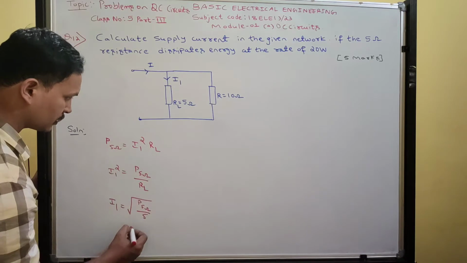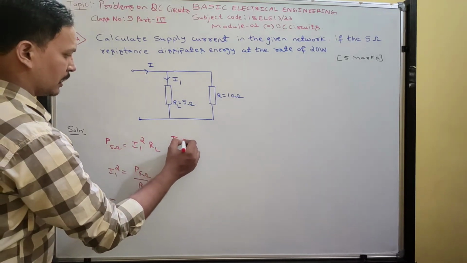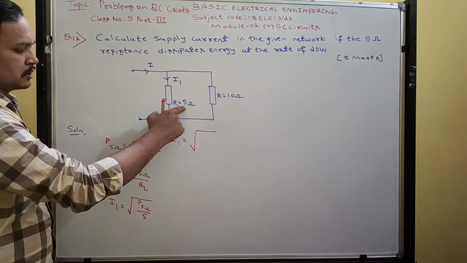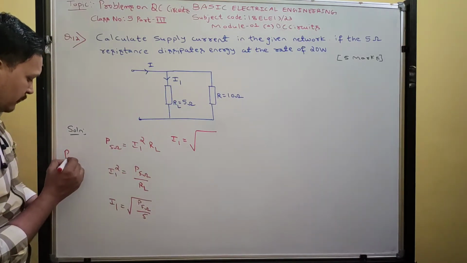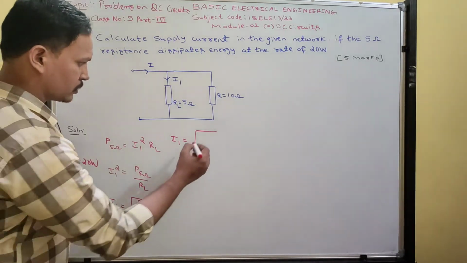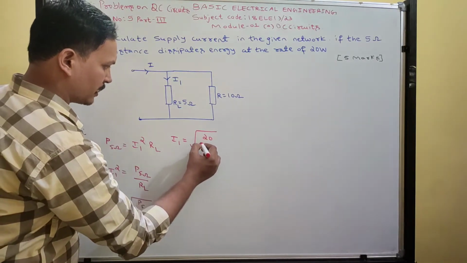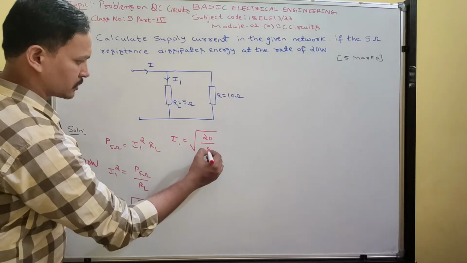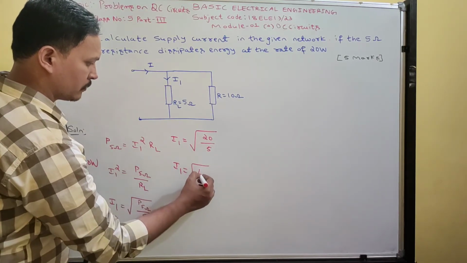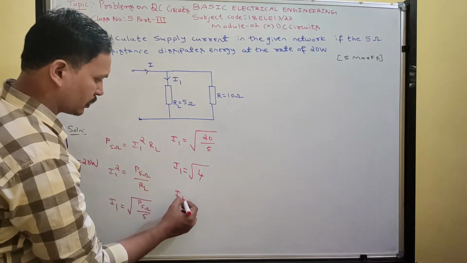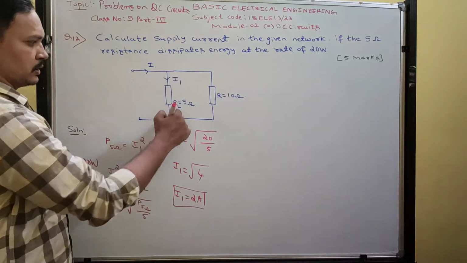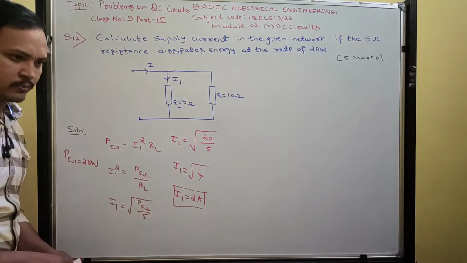Power in the 5 ohm resistance is 20 watts divided by 5. So I1 is equal to square root of 4. Root 4 is 2 ampere. So the current flowing through this RL, the 5 ohm resistance, is 2 ampere.